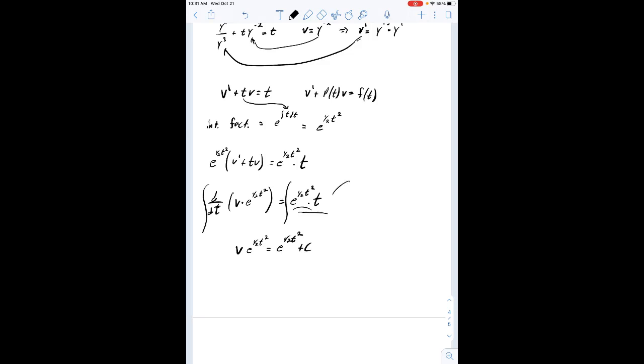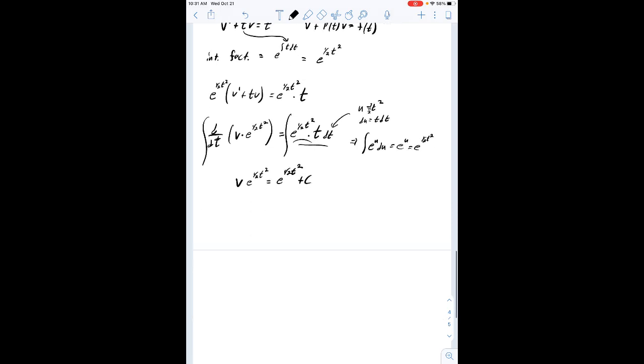So I get this by just using u substitution, where u is equal to 1/2 t squared. So du is equal to t dt, which then goes to the integral of e to the u du, which just equals e to the u, which equals e to the 1/2 t squared.